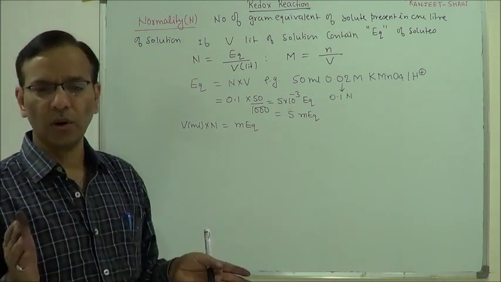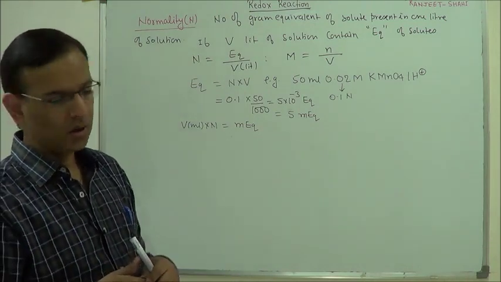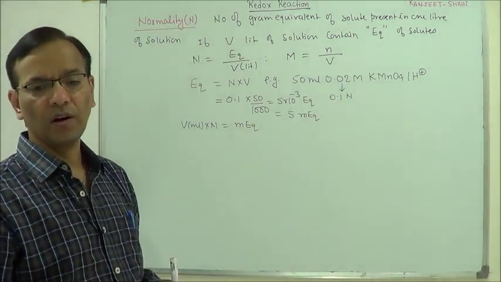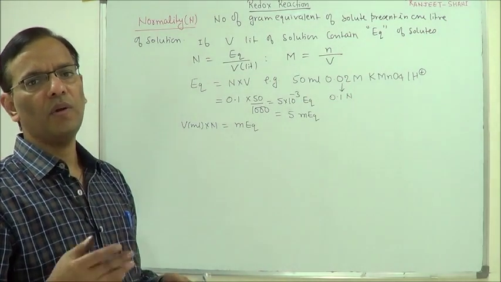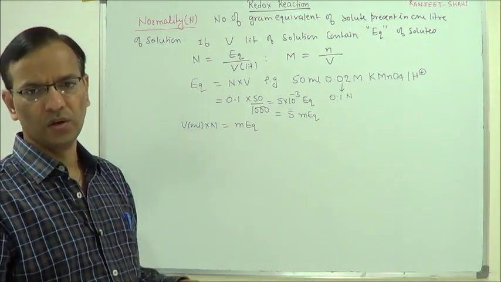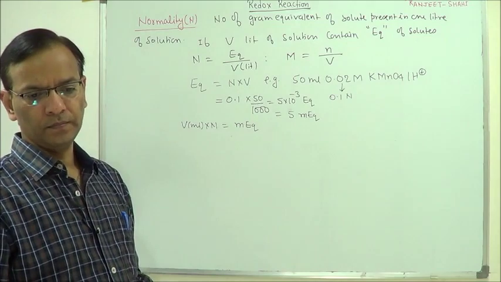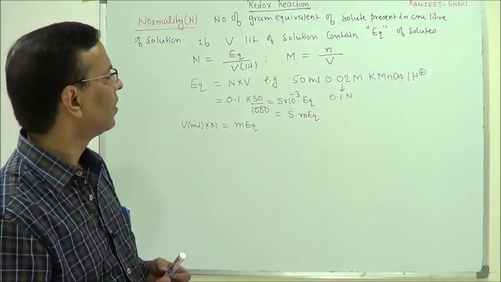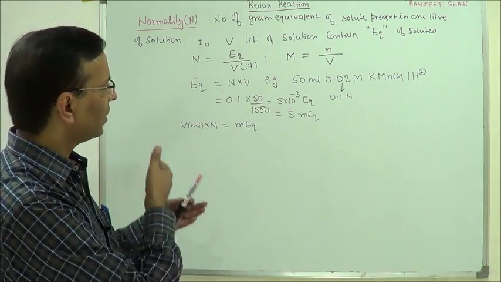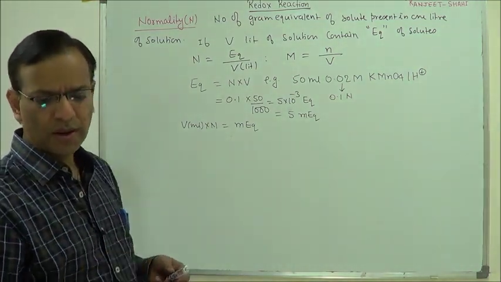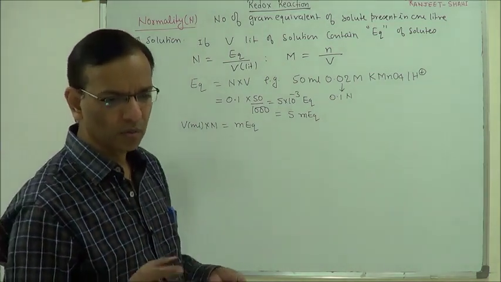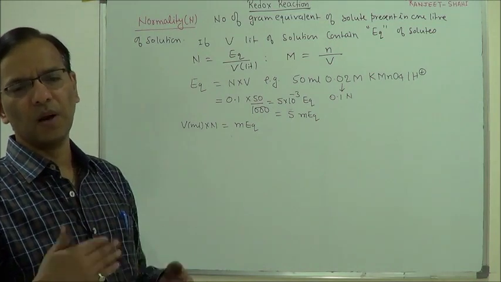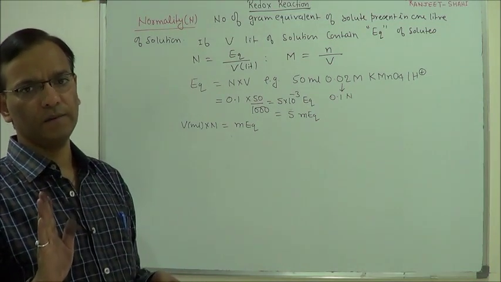And once we know the number of gram equivalent of oxidizing agent, we can say that the same number of gram equivalent of reducing agent will be required to react with this oxidizing agent. So for solving stoichiometry using the concepts of equivalence, we can determine the number of gram equivalent of one, and then we say that the same number of gram equivalent of others would be required.